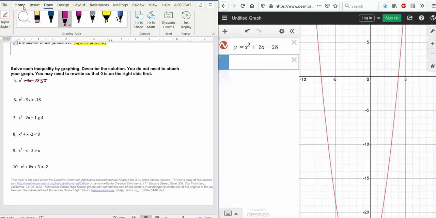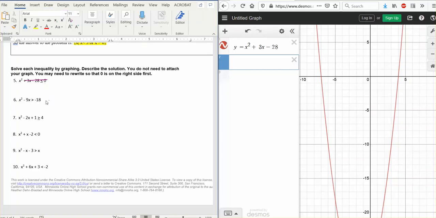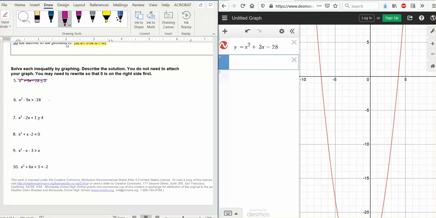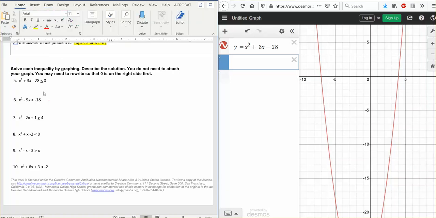That's fine if you can get out of the drawing thing. Yeah, stop drawing. It's stuck in drawing mode. Well, I'll just type it.